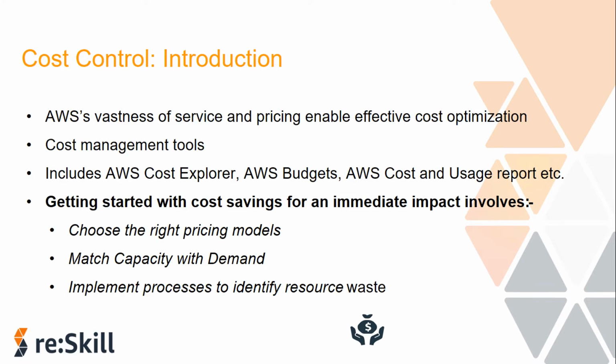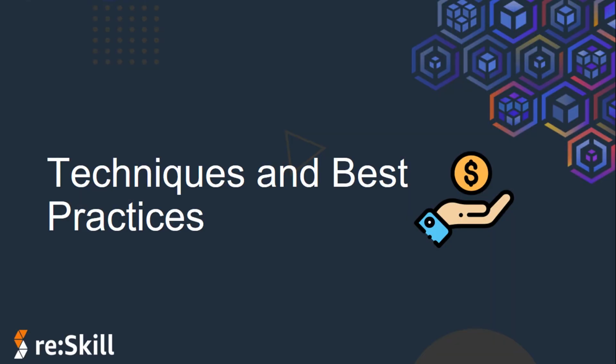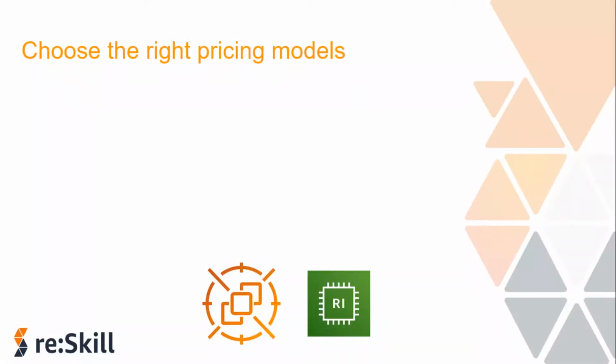So let's first start with the different techniques and best practices that can be followed for cost control. Once done with the techniques and best practices, we will move towards the tools that can be used on AWS. So the first technique that we come across here is choosing the right pricing models.